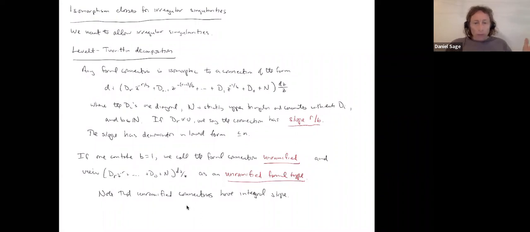Note that unramified connections have integral slope, but the converse is false. Slope is a weak invariant. It only reflects what's going on in the worst part of the matrix in some sense.